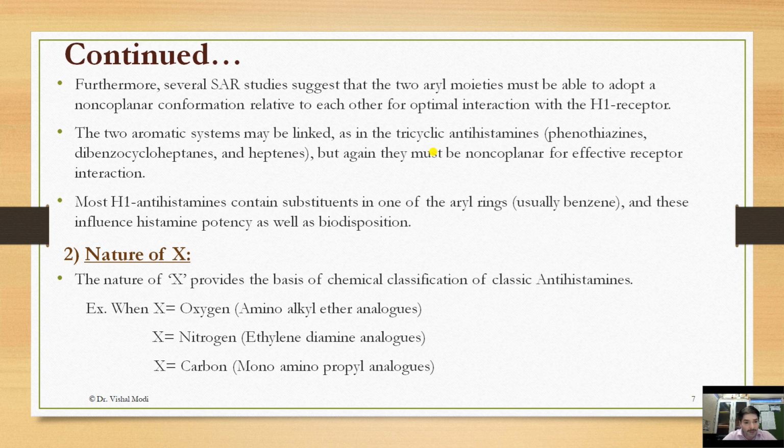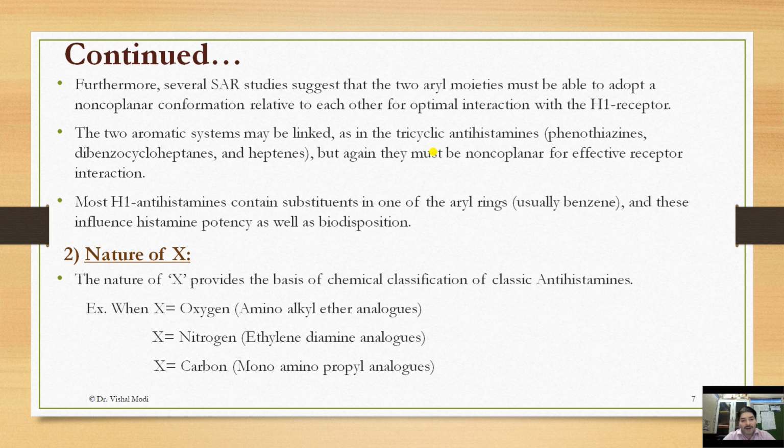Most H1 antihistamines contain a substituent in one of the aryl rings, usually benzene, and this influences histamine potency as well as biodisposition. Now number 2, nature of X. The nature of X provides the basis of chemical classification of classic antihistamines.